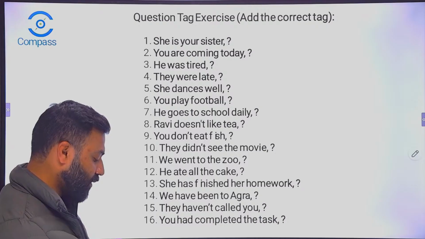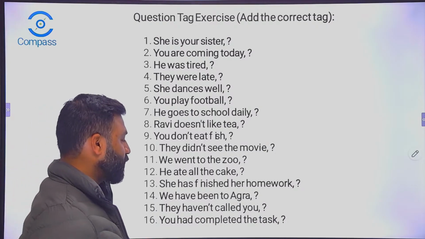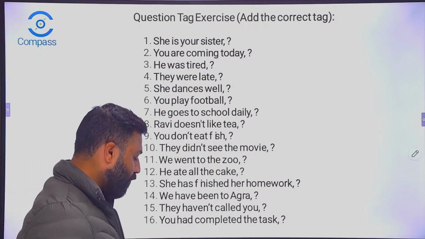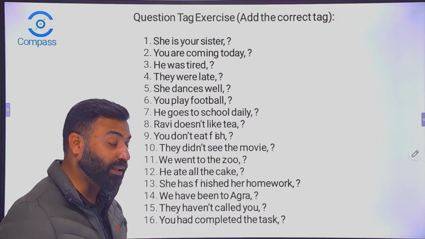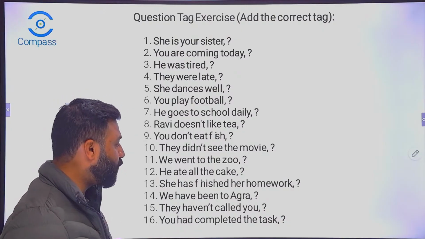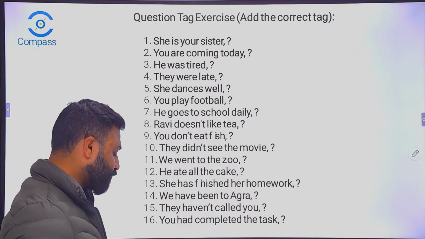No, no, that's not the right answer. Come on, I'm still expecting. She has finished her homework. Okay, so Molly has answered the question here, right? Molly from class 6 and a wonderful child. She has finished her homework, hasn't she? That's the right answer. Very good.